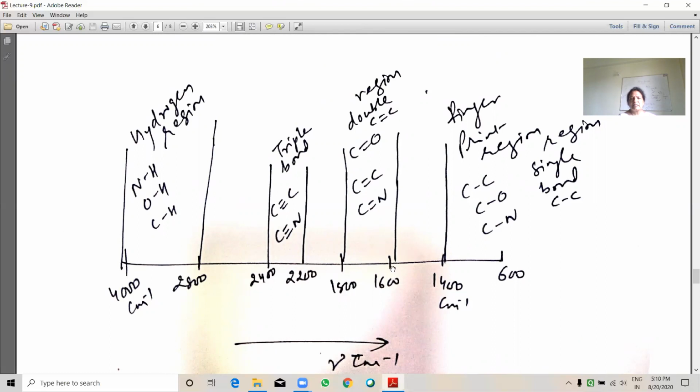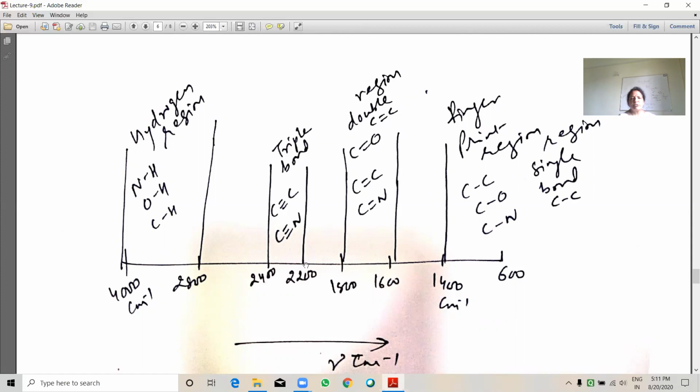Whereas in this 1600 to 1800, it is called the double bond region: carbonyl, carbon carbon double bond, carbon nitrogen double bond stretching frequencies are observed.